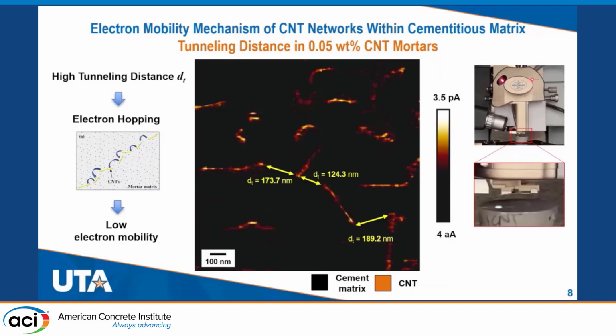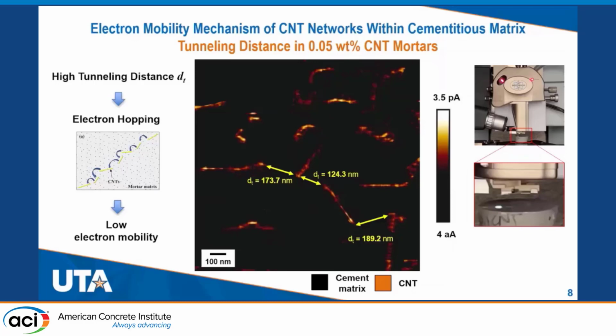Now, if we measure the distances between these light color spots, we see some distances, for example, 173.7, 124.3, 189.2. This is actually the tunneling distance.